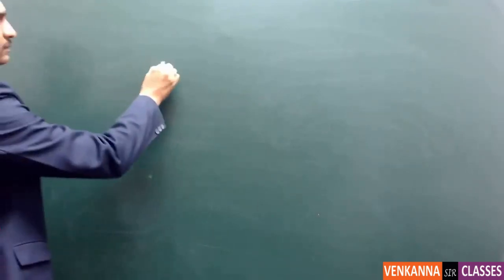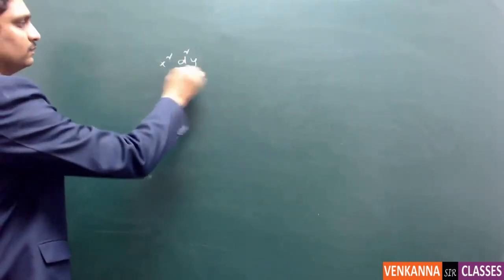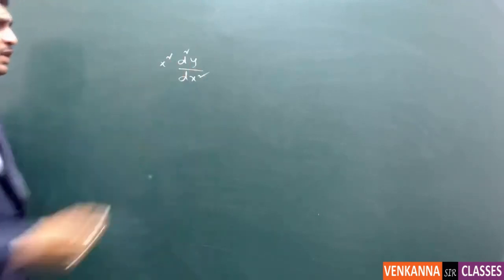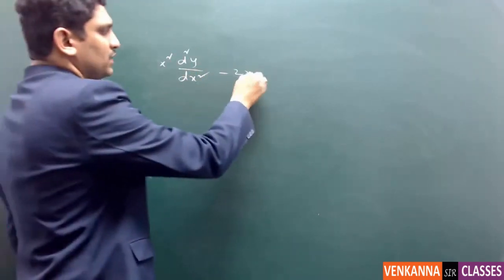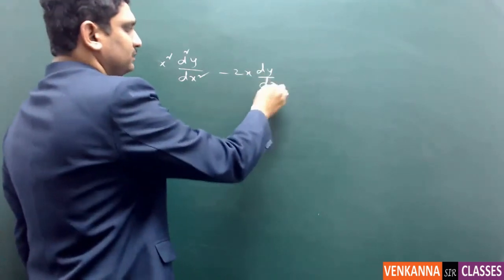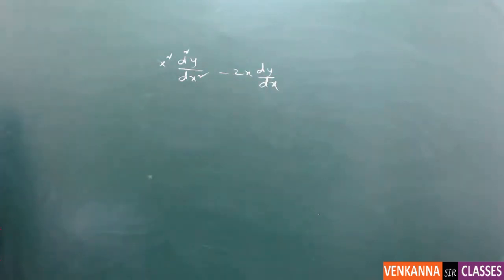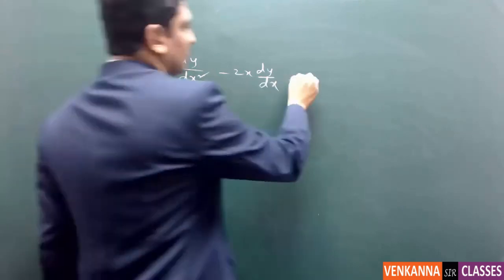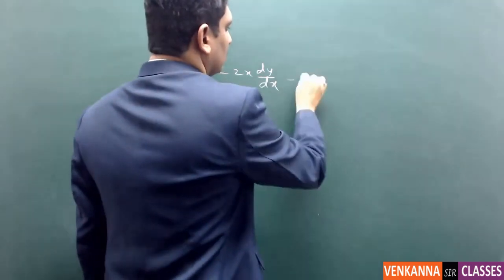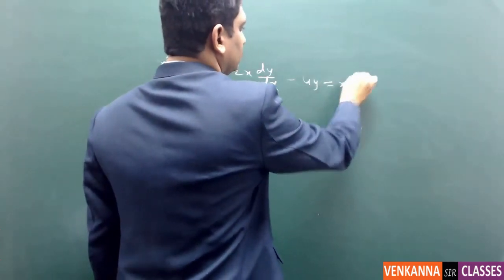So let us take the problem: x square d square y by dx square minus 2x dy by dx, and then minus 4y equal to x square.